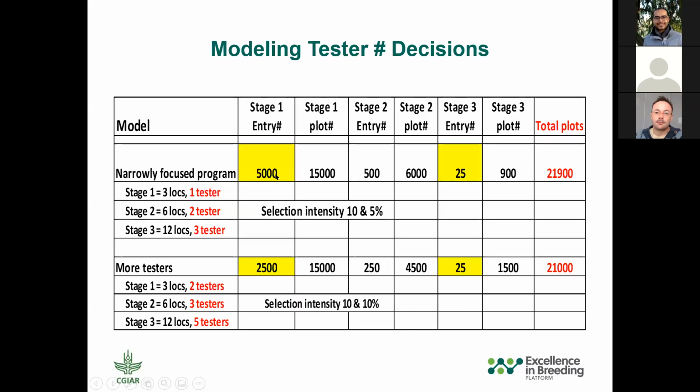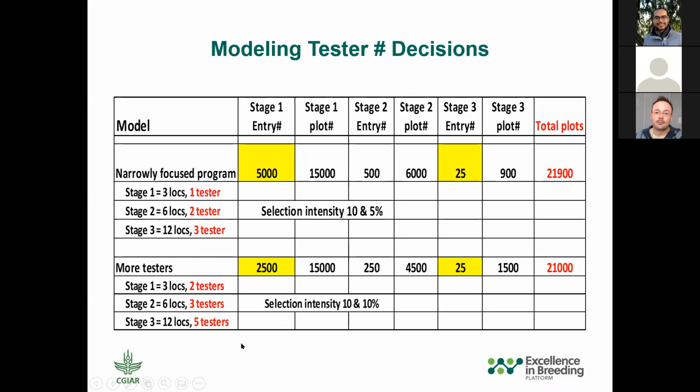So this is how the numbers play out, and the selection intensity, just as an example. It's pretty costly if you add these extra testers in terms of the number of entries you can evaluate, but you have to think about what other selection you have done. This smaller number is not so bad if you've already cleaned up the inbreds for a wide range of other traits and you're just selecting for yield. Okay, so again, some things to think about.